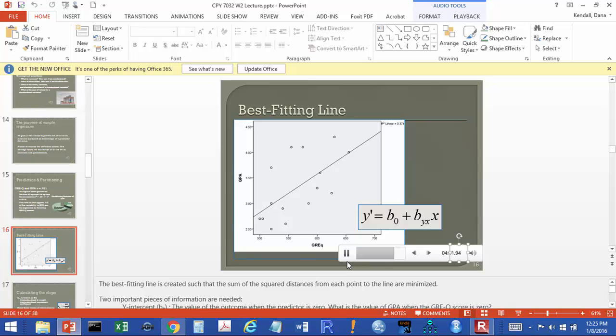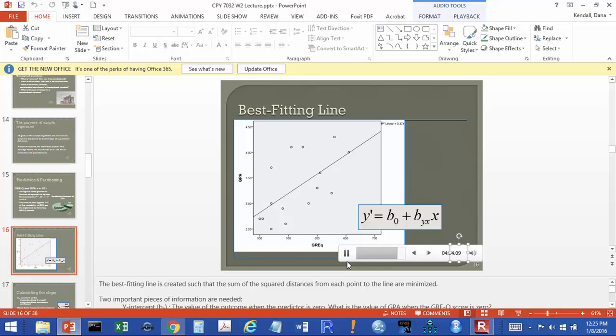So we have the B0, which is the y-intercept, plus the slope, and that slope is multiplied by whichever x value you're plugging in. Literally what this formula helps us do is take any score on the predictor and get a predicted value that we can expect from the DV.